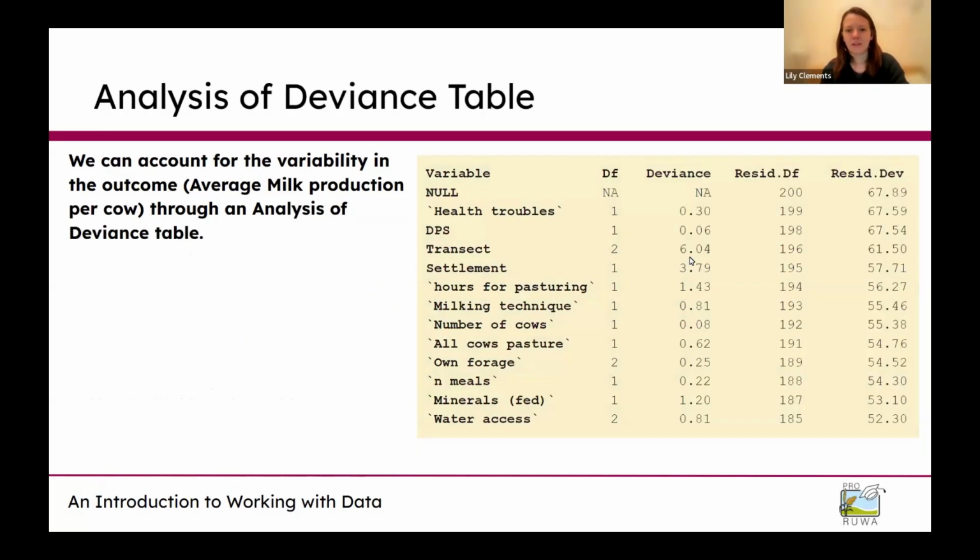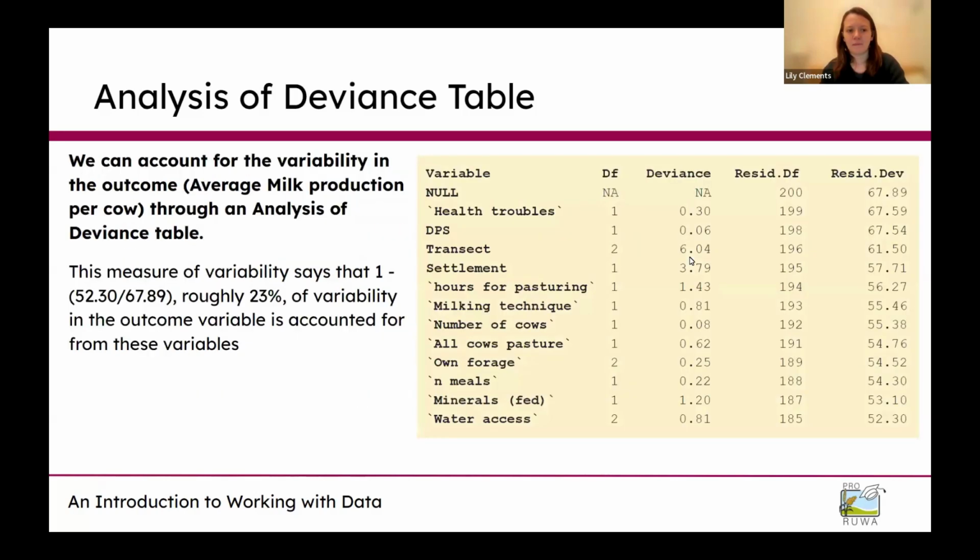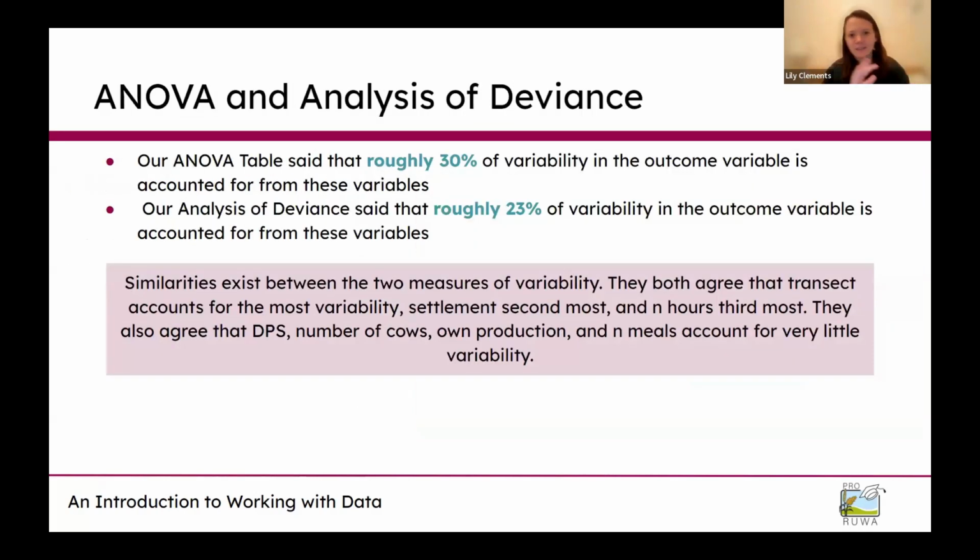So there are similarities between our two measures of variability, where they're both agreeing on the things that are accounting for a lot of the variability and the things that aren't accounting for as much. In the middle there's some murkiness, but in terms of accounting for variability, both tools are very similar.